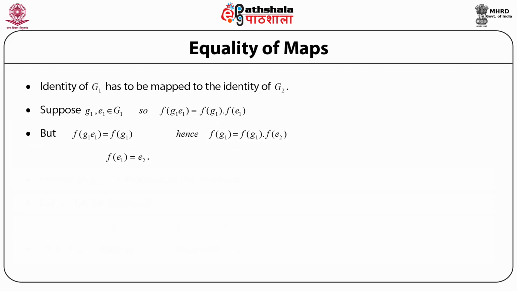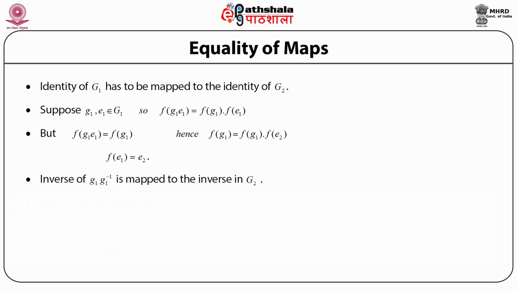But F of g1 e1 is equal to F of g1 because g1 e1 is equal to g1. Hence, F of g1 is equal to F of g1 into F of e1, which means that F of e1 is equal to e2. That is, the identity of G1 is mapped to the identity of G2.